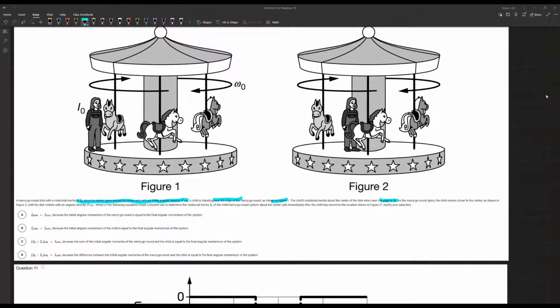As the merry-go-round spins, the child moves closer to the center as shown in figure 2 until the disk rotates with an angular velocity omega 1. Which of the following equations should a student use to determine the rotational inertia of the merry-go-round child system about the center axle immediately after the child has moved to the location shown in figure 2? Justify your selection.